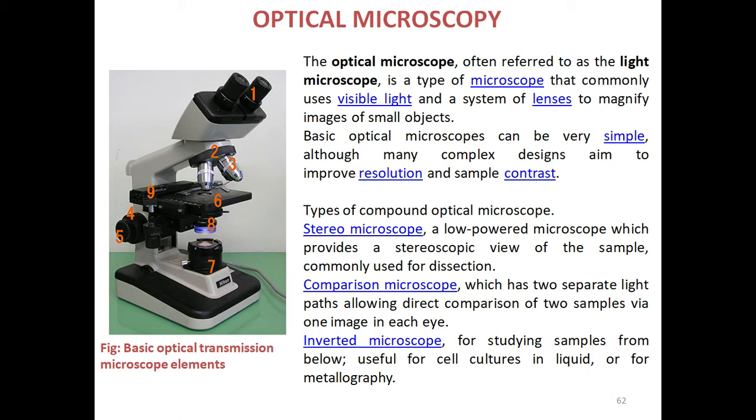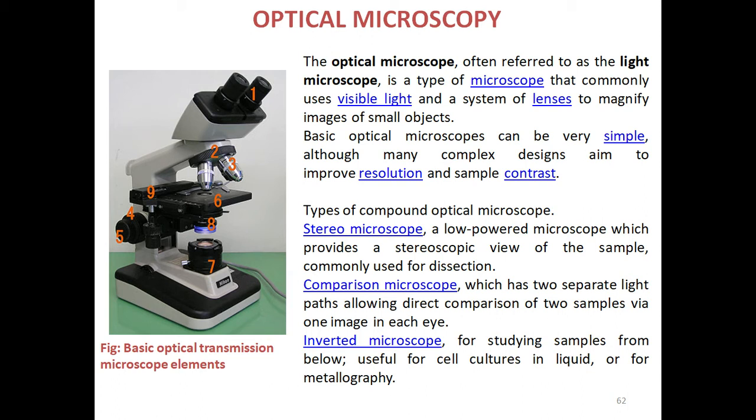There are different types of compound optical microscope available in the market. They are the stereo microscope, which is a low powered microscope that provides images commonly used for dissections.